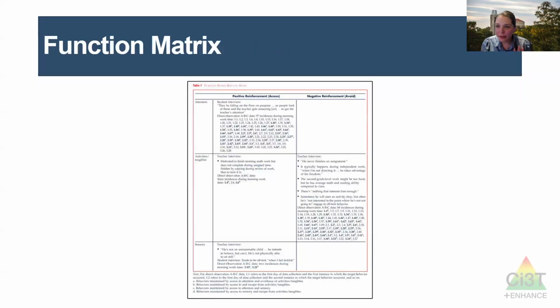Now, I do not expect you to be able to read this, don't worry, but this is just a screenshot of what that function matrix looked like. And this is to show you how this tool really helps you visually see. You don't need to be able to read all the details to look at this and be like, oh yeah, I'm thinking this student, the function is likely positive reinforcement, access to attention, because look at all the examples we're seeing here, the ABC data, but also from interviews, and negative reinforcement, or avoiding activities and tangibles.